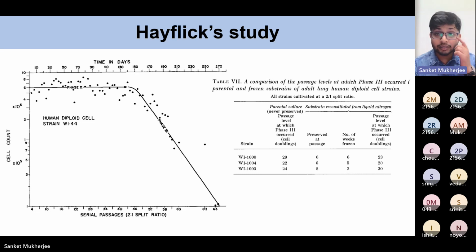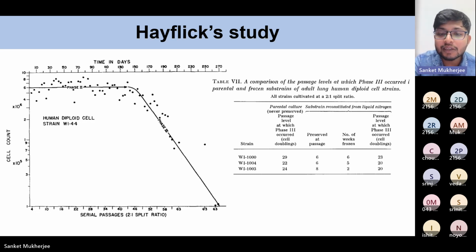So we still have a fine difference between aging and cancer, how they are diametrically opposite to each other. Here also in the table on the right hand side, you see strains which have been cultured and split in 2:1 ratio.